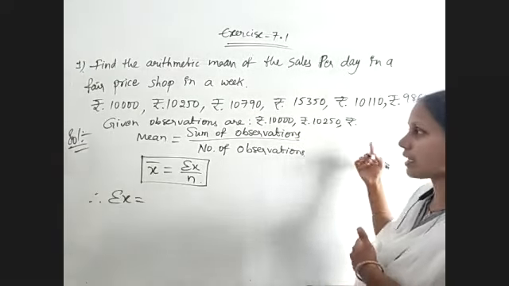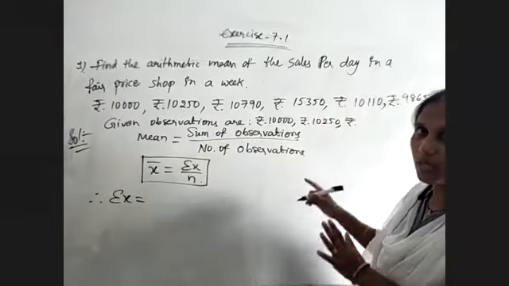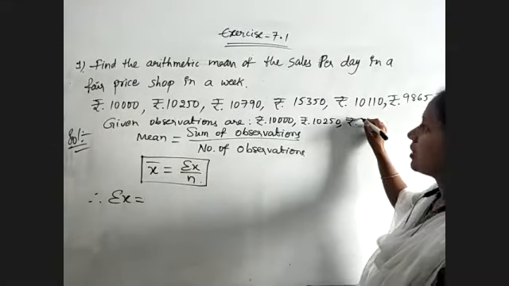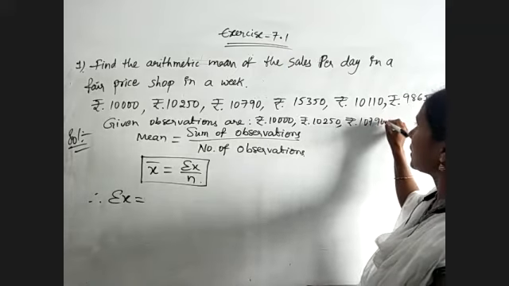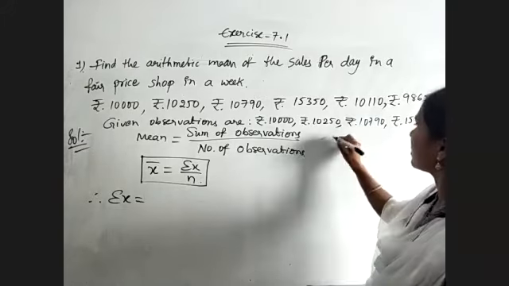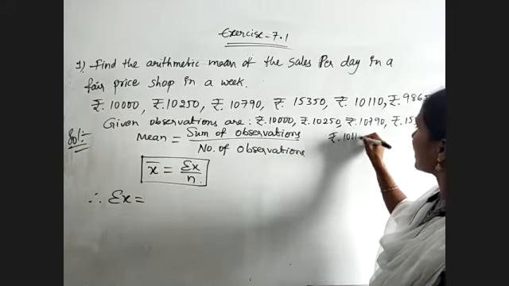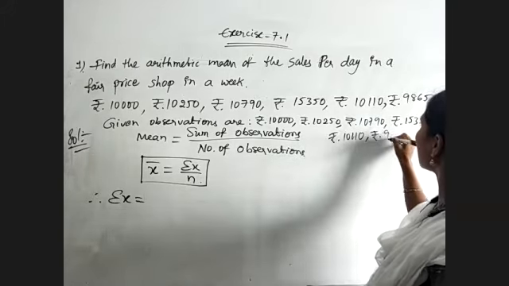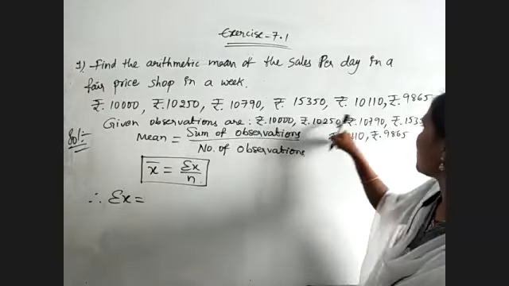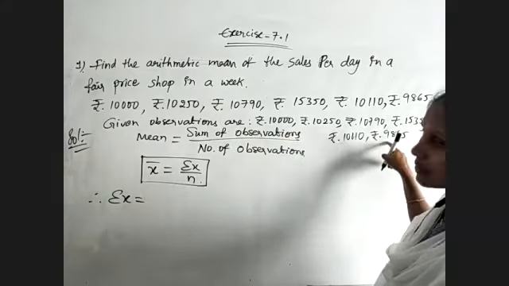Whatever units we have, that one only we will get for mean. And next one 10,790. Next 15,350. Next 10,110. 9,865. Total, how many observations are there? 1, 2, 3, 4, 5, 6 observations are there.